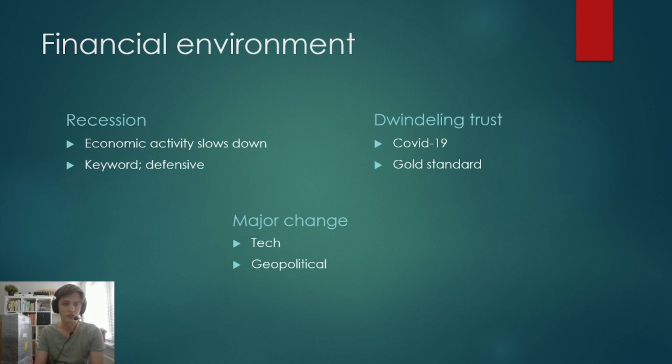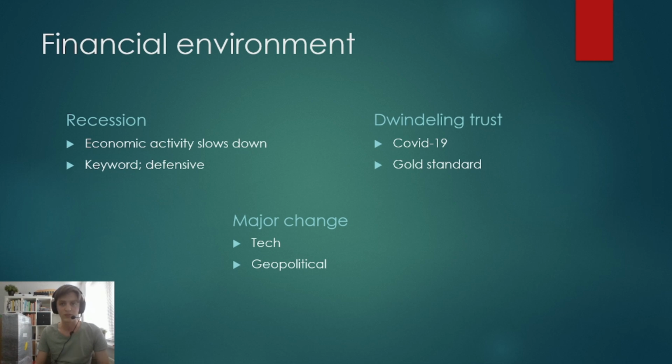Going into a recession, the economic activity slows down. People don't want to spend their money anymore because they don't have the money to spend on those things, so luxury products are not necessary anymore. A keyword in this environment is defensive. And what do I mean with defensive? We'll get to that later.